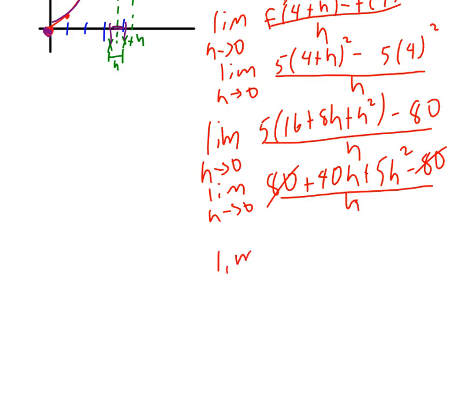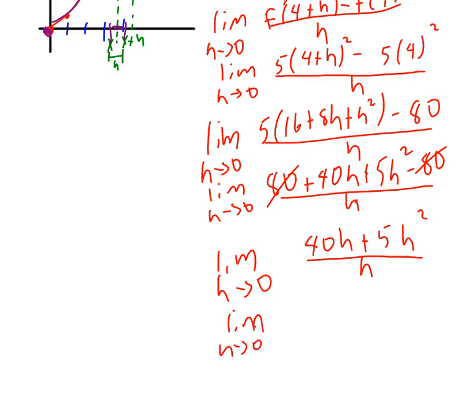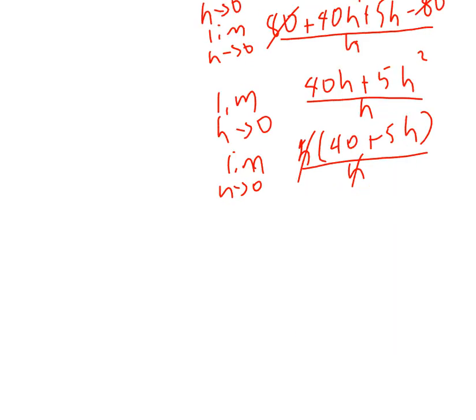I'm left with the expression 40h plus 5h squared over h. Well, I can factor out an h in the numerator and come up with h times 40 plus 5h over h. The h's cancel now, and I can evaluate this limit as h approaches 0. Plugging the 0 in for h, the answer to this limit would just be 40 plus 5 times 0, which is 40.